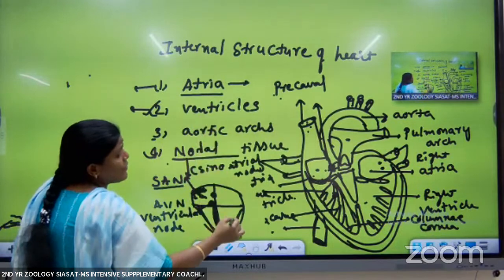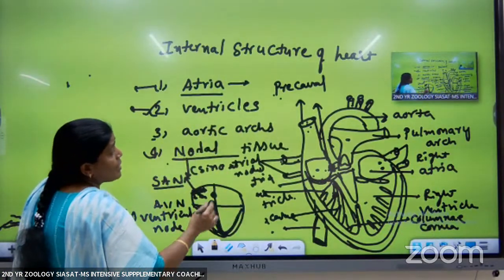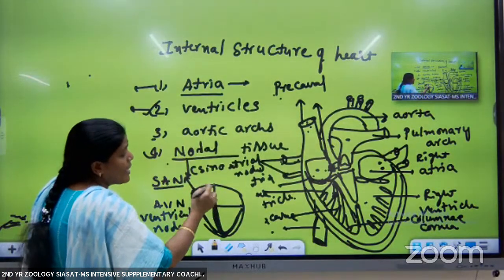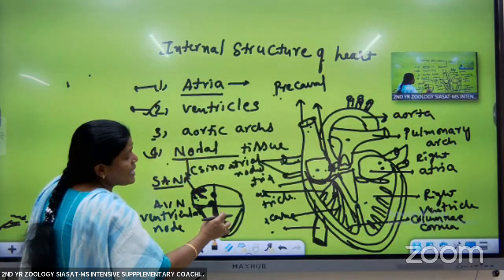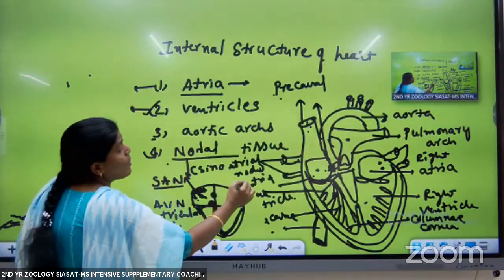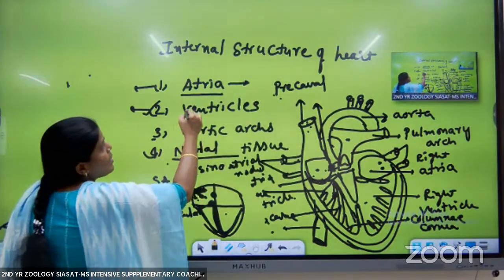The left ventricle is thicker than the right ventricle, because it continuously pumps oxygenated blood. The right auricle is larger than the left auricle.